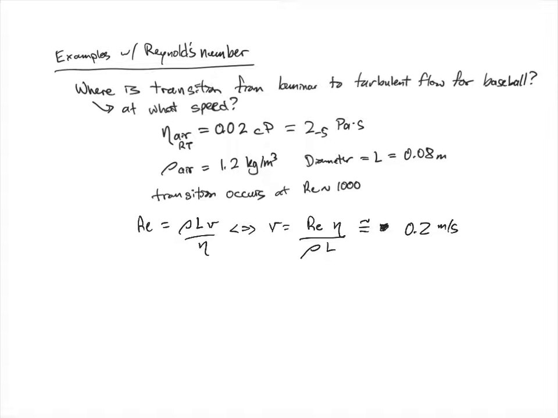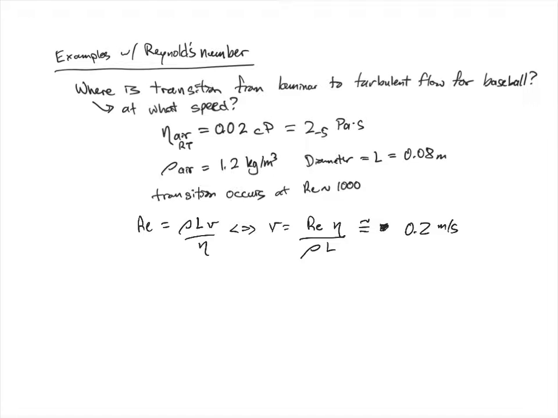That's pretty slow, right? It's only moving 20 centimeters per second. You could see that motion easily, but almost all the time when you're throwing or batting a baseball, it's going to be in turbulent flow.